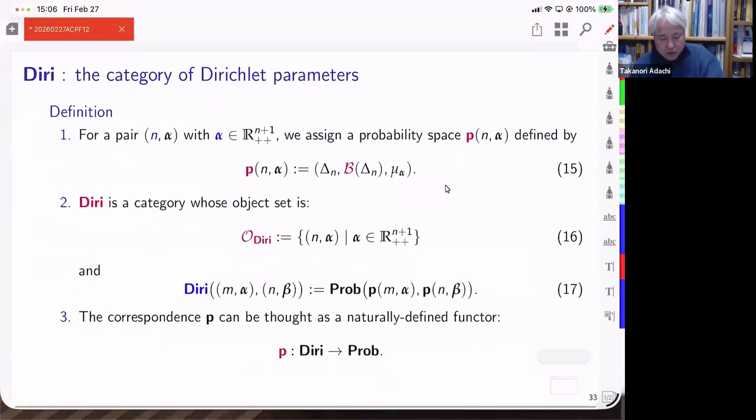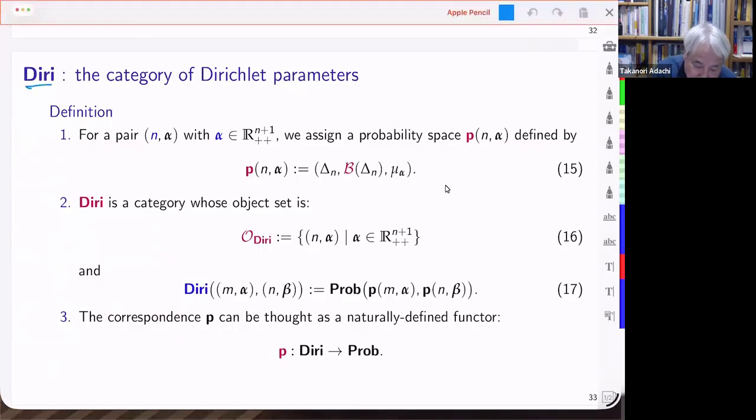Okay. So now we want to use these in the sigma filtrations, but I'm sorry, I can't provide a concise introduction for that. I need some other things, which is Diri, a category of Dirichlet parameters.